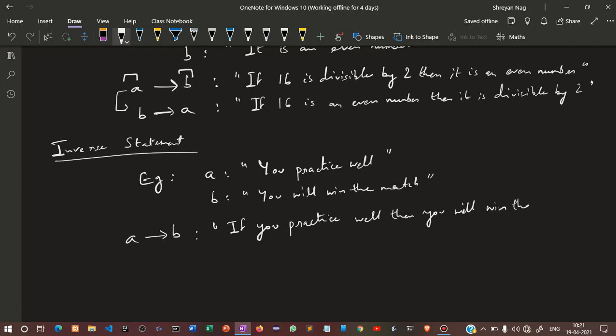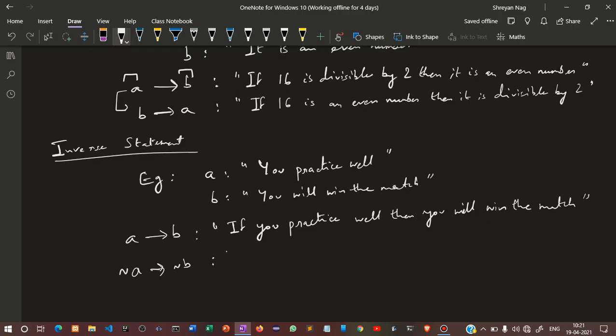Now, how to convert this? Just do the negation of the antecedent and consequent. If you don't practice well, then you will not win the match.